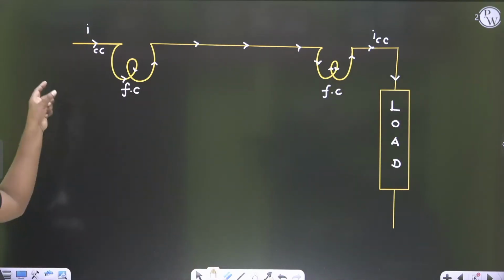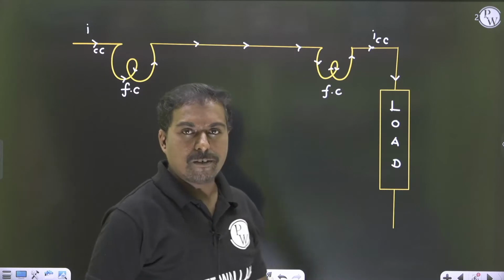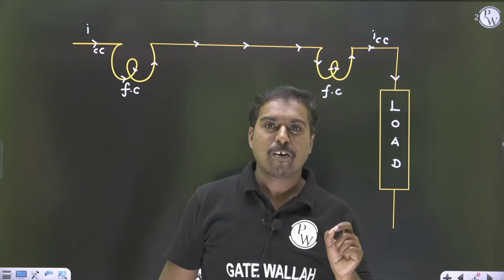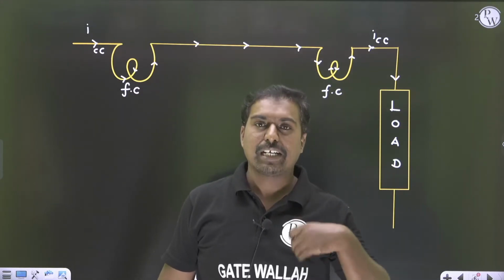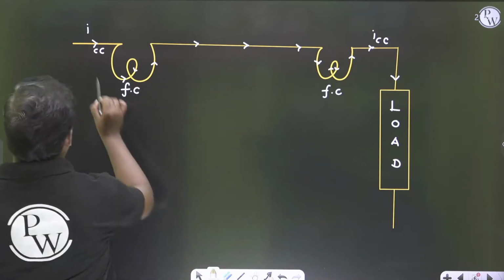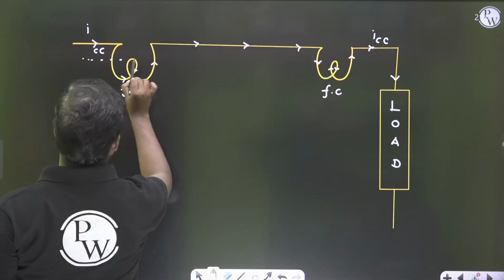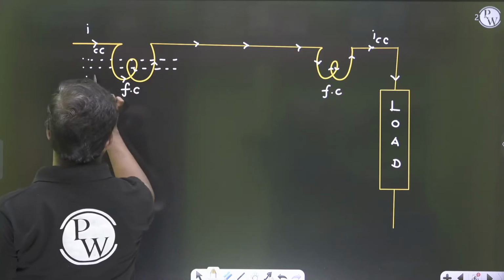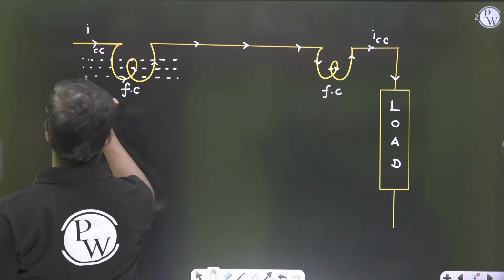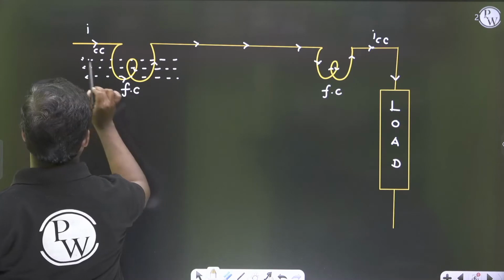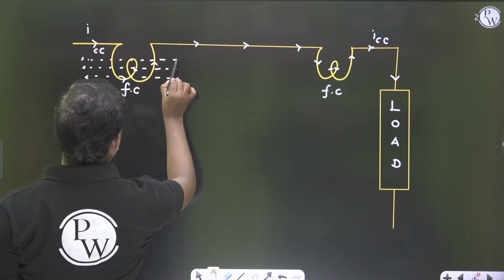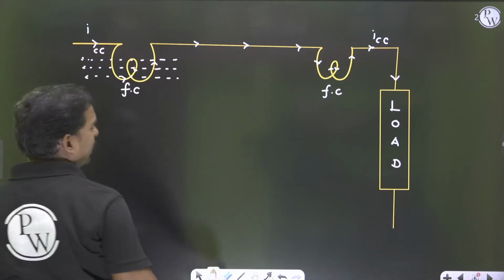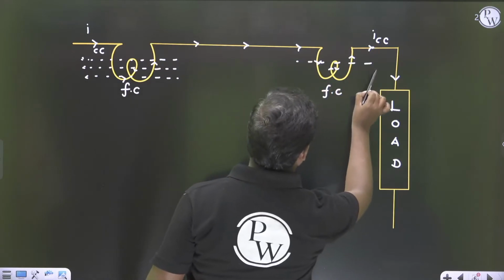Now whenever the current enters into these fixed coils, what happens? As per the concept of electromagnet, when the current enters, these particular coils will become like a magnet. So there is going to be a magnetic bar like this. So this is a north pole you can take. It acts like a magnet and it also acts like a magnet.